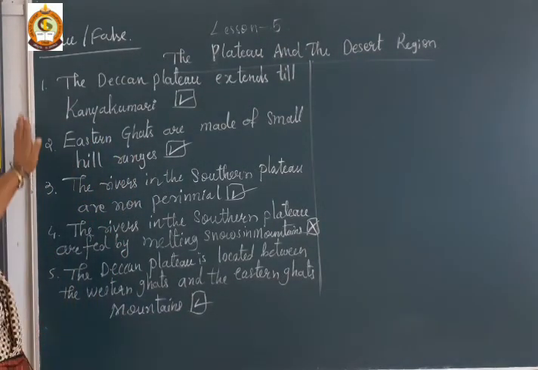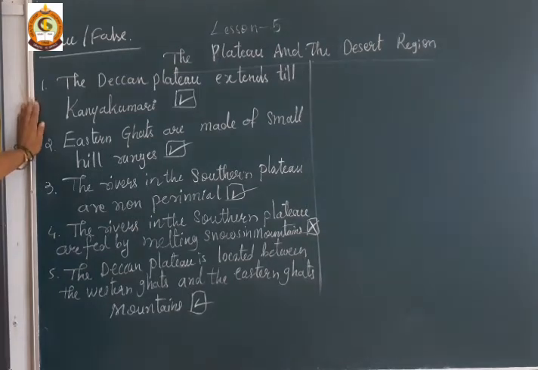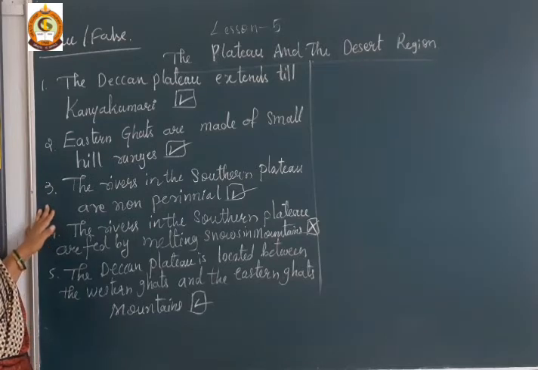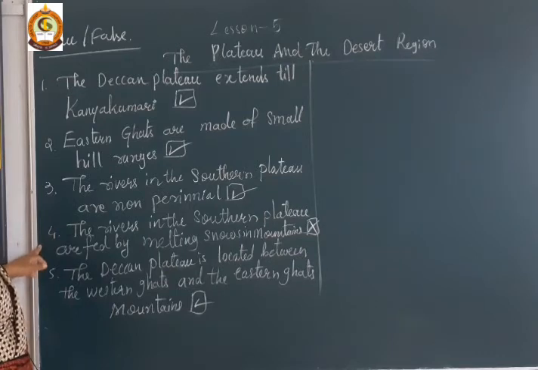Understand, dear student? The Deccan Plateau extends till Kanyakumari is the correct sentence. Eastern Ghats are made of small hill ranges is also a right sentence. The rivers in the southern plateau are non-perennial is a right sentence. The rivers in the southern plateau are fed by melting snow in the mountains is a wrong sentence.